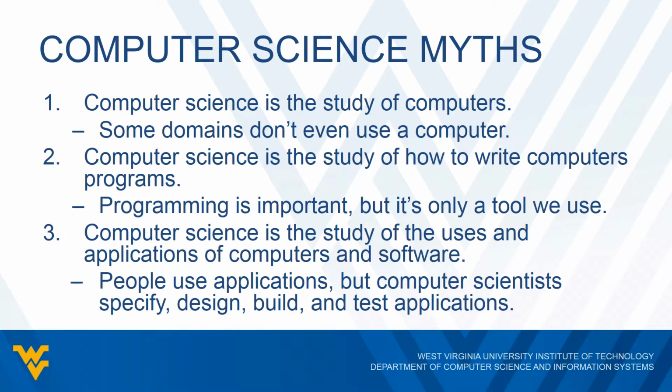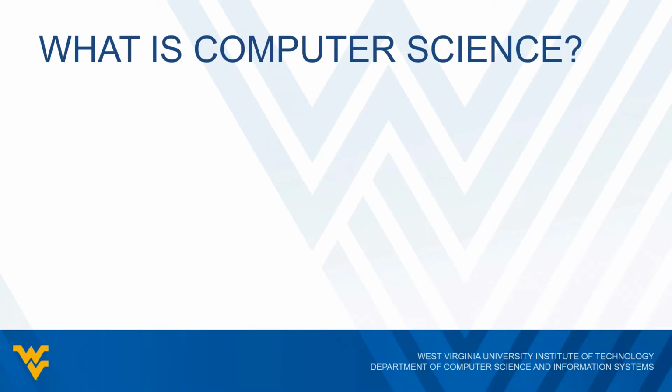Normal people will use applications, while computer scientists will create them, coming up with the specifications, the design, building it, and testing it to make sure it actually works. So it's not about studying all the different programs available. That's not our goal here. We'll look at different programs to help create programs, but once again, these programs are only a tool for computer science and not the actual overall computer science.